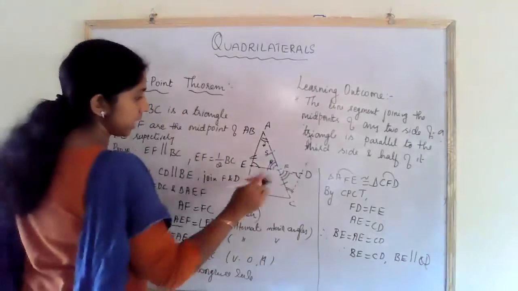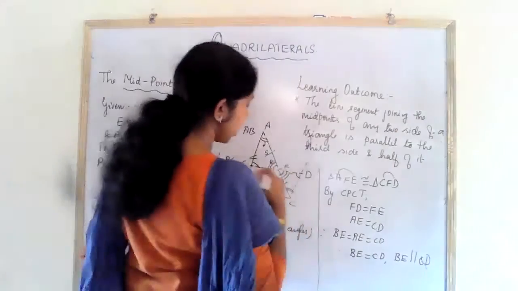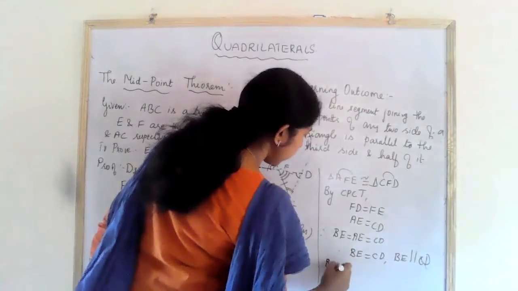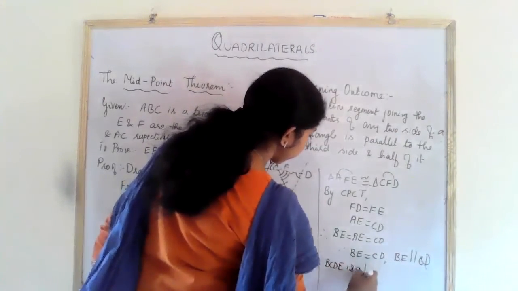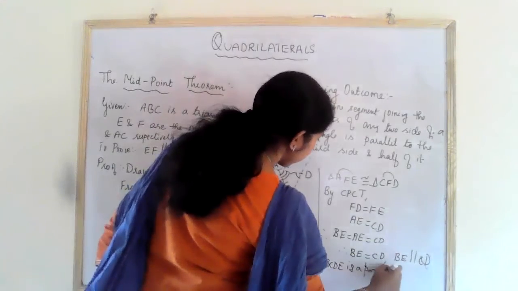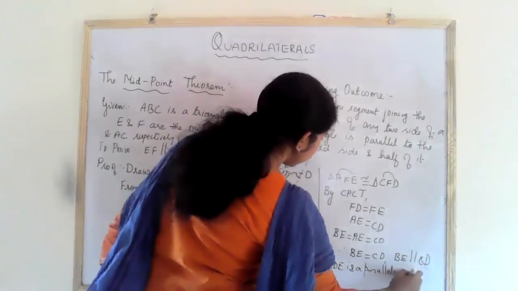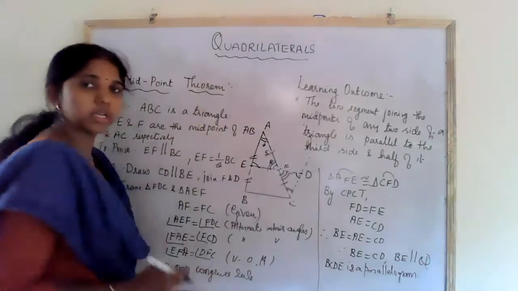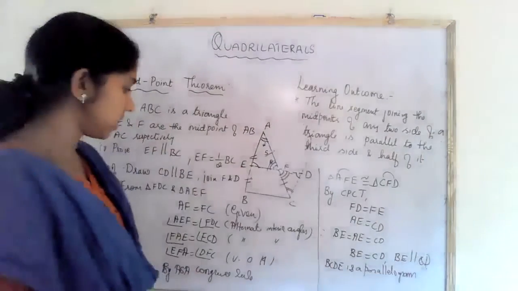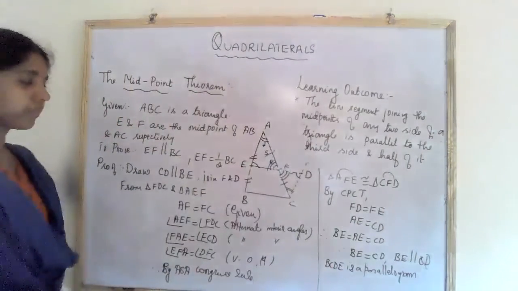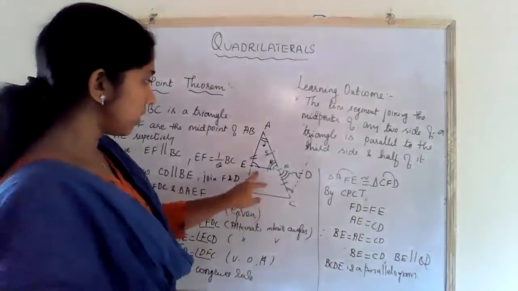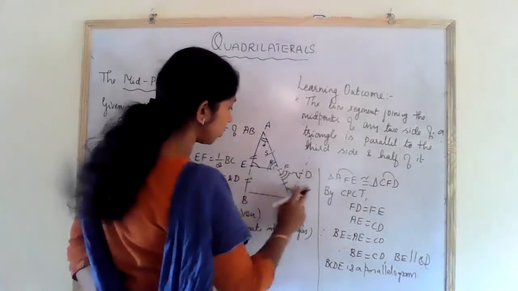Therefore, what do we get? BCDE is a parallelogram, because opposite sides are parallel and equal. Since it's a parallelogram, these two sides will also be equal.